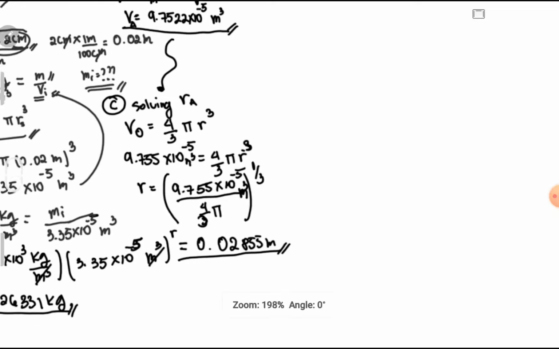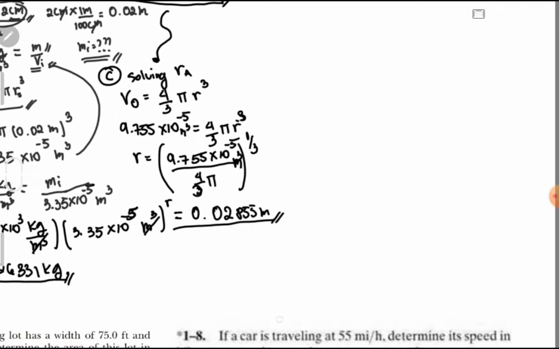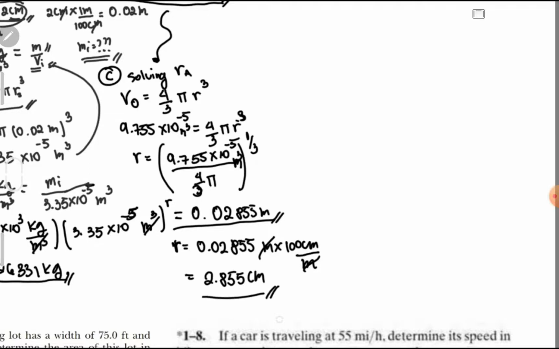Take note that in order to get the value of your radius in centimeter, we will convert it into centimeter. 0.02855 meter times 100 centimeter per meter. Canceling out your meter, we'll have a value equal to 2.855 centimeter.